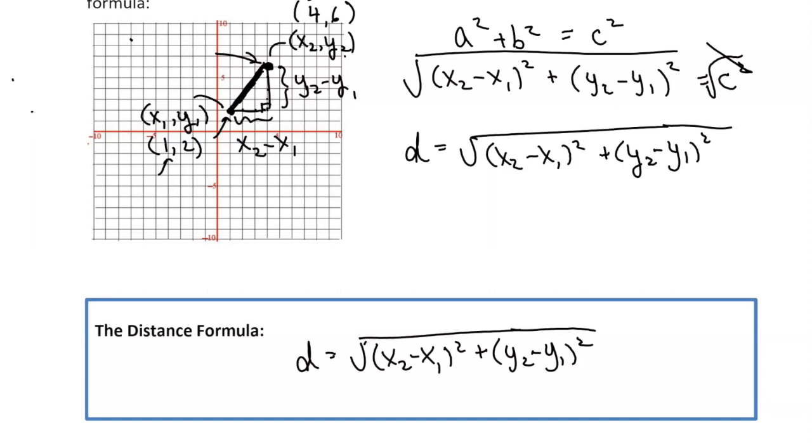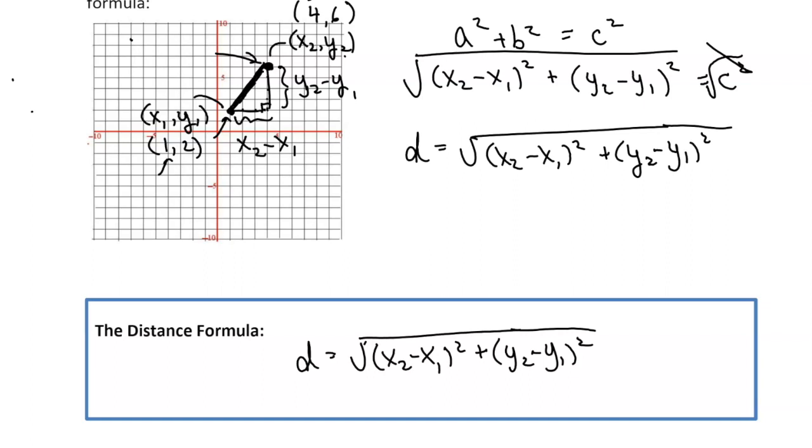It's a 3, 4, 5 triangle, so we were able to use some nice clean integer numbers to see if this would work. If you worked out these numbers, and I'll let you do that on your own, you'd say, well, if my horizontal distance is 3 and my vertical distance is 4, I know that my diagonal, my c value, will be 5 because it's a 3, 4, 5 triangle.